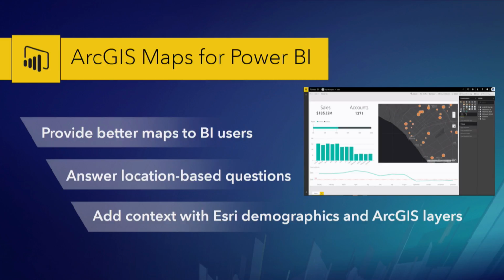And then once you do those things, you can also, as I mentioned earlier, add context using Esri demographics and layers coming from ArcGIS. So actually being able to bring in content from either your ArcGIS organization or content that Esri has curated and provided through a couple of different methods that we'll talk through later in this session. So that's the high-level thing.